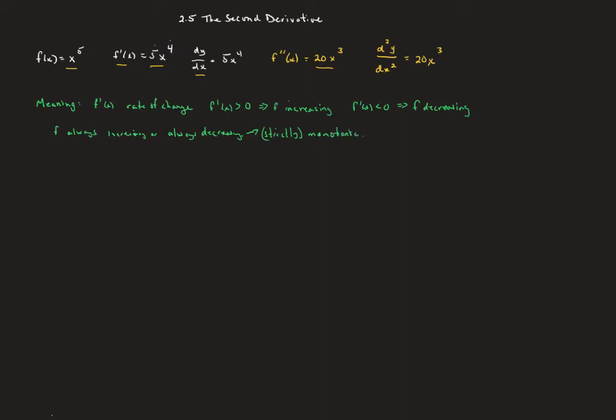Now we can see then that our derivative can be a way of telling that it is strictly monotonic. So from here we can see if f prime of x is always positive for a given function, then that means it's going to be monotonic. Or likewise, if the derivative is always negative, then that would mean the same thing, that it's always decreasing.